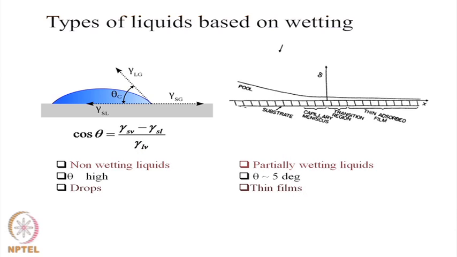In the non-wetting liquid, the value of theta would be large, and they are quite common in the case of drops and so on. Whereas, in the case of wetting or partially wetting liquids, the value of theta could be quite small, even less than 5 degrees or so, and we have a thin film ahead of the thicker film.